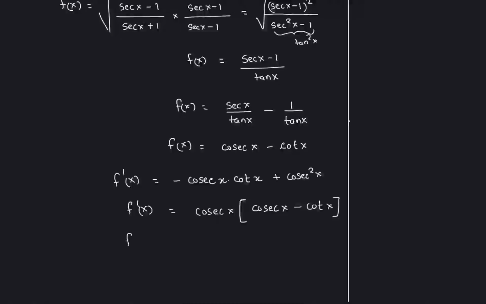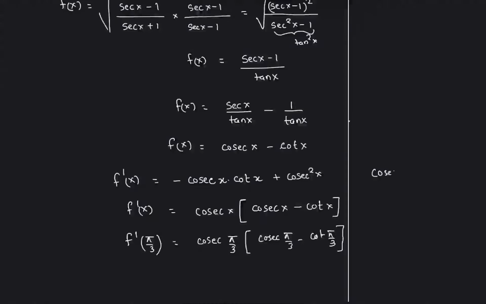We are supposed to find the value of f dash of pi over 3. So you can say cosec of pi over 3 multiplied to cosec pi over 3 minus cot pi over 3.